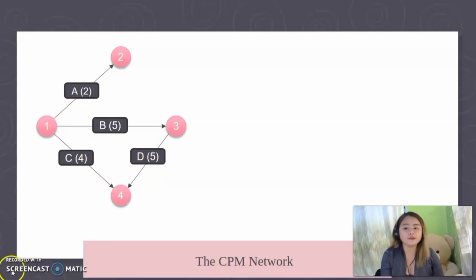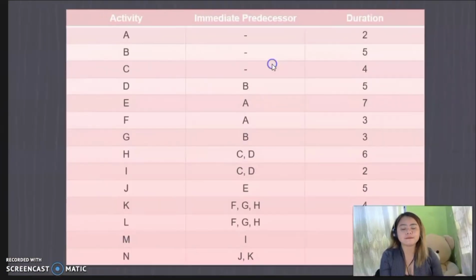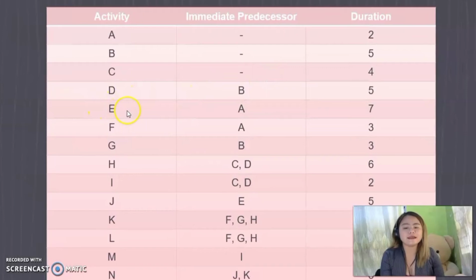Now we're going to move to activity E. So an immediate predecessor is already given, activity A. Therefore, activity E will start where activity A ends.